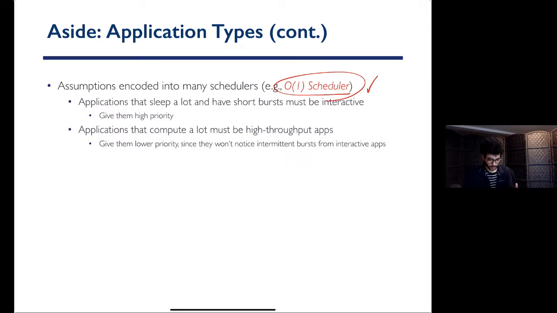And if you make a wrong prediction and then base your scheduling on that wrong assumption, you might mess up your system. And that's precisely what happened in the O(1) scheduler.